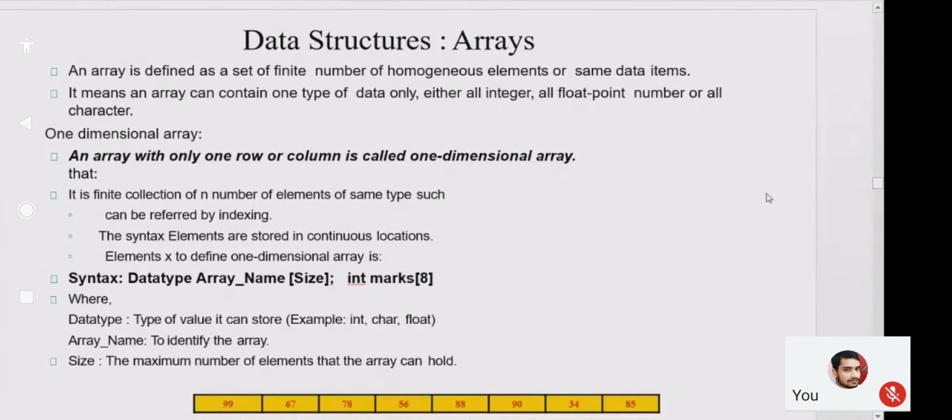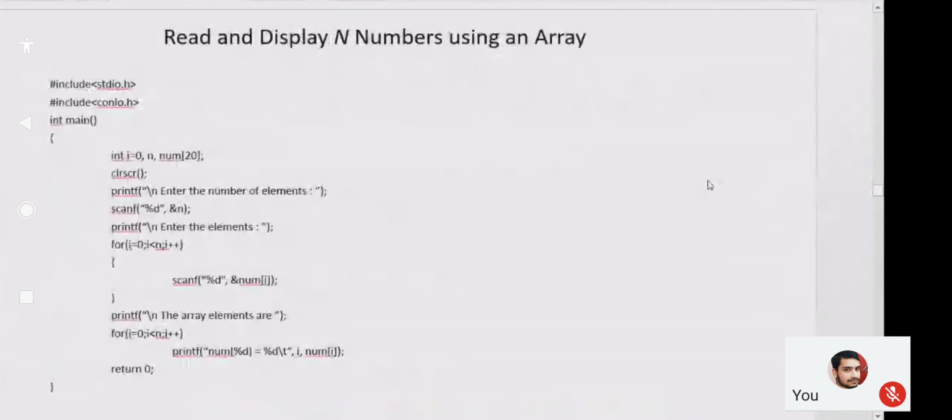Everyone knows how to declare an array. Here I have given one example, int marks[8]. It means you can store a maximum of 8 integers in the array named marks.